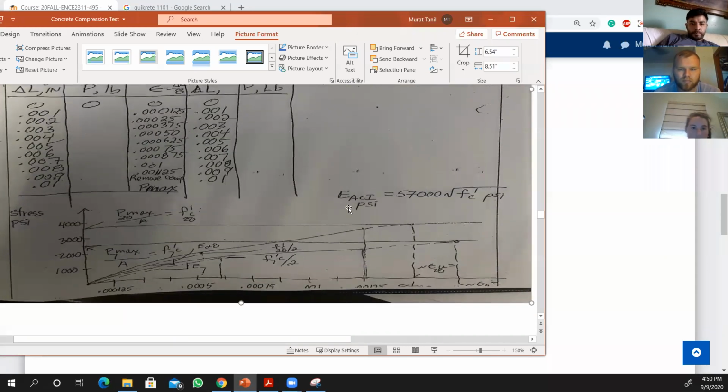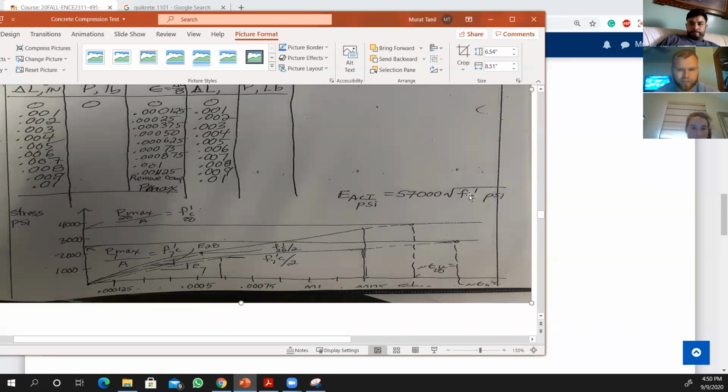So there are two ways to calculate the modulus of elasticity of concrete. One way is to calculate it from the graph that you will generate using the data points from the experiment. The other way is to use this equation. This equation was given by the American Concrete Institute, and it's in PSI. Whatever number you put inside has to be in PSI, pounds per square inch.